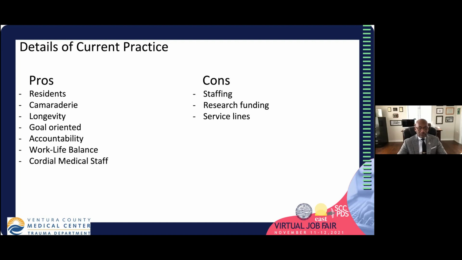And there are no questions asked about that. The most important thing is work-life balance, and that way you can have a good life at work and a good life at home. The cordial medical staff is one which I haven't seen in a long, long time. In residency, we used to rotate out of 7 different hospitals. And so you got to see how things were done in the private sector and public sector.